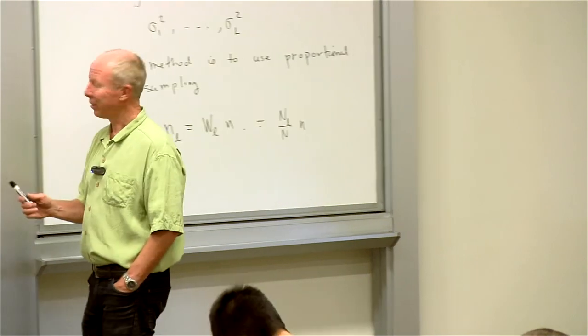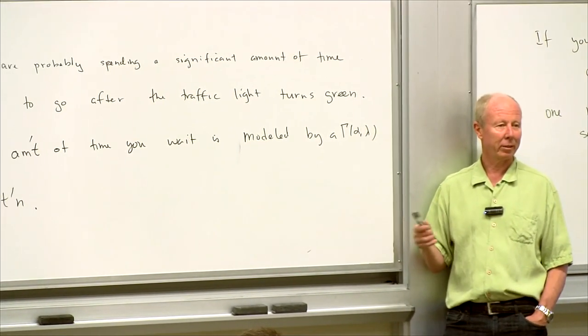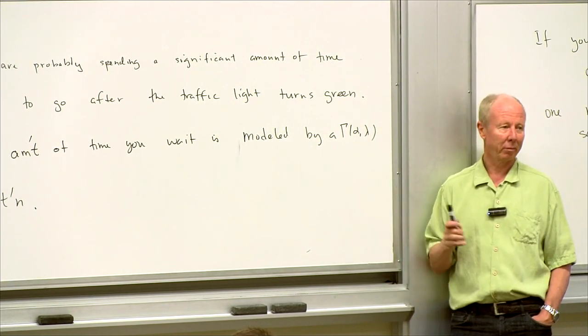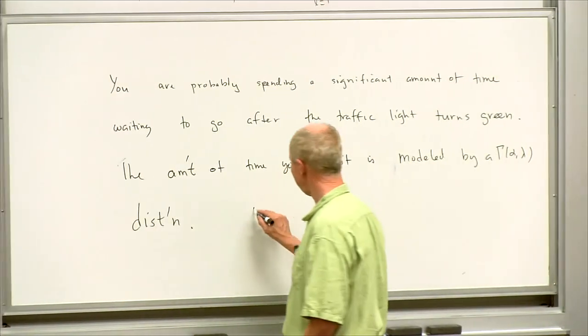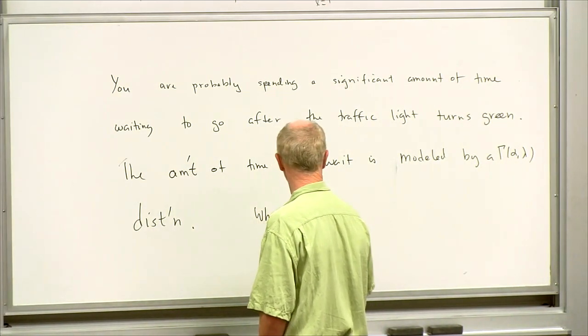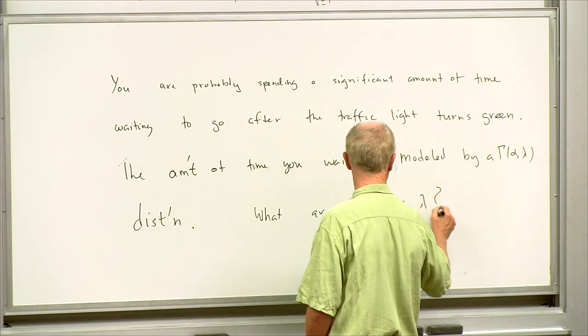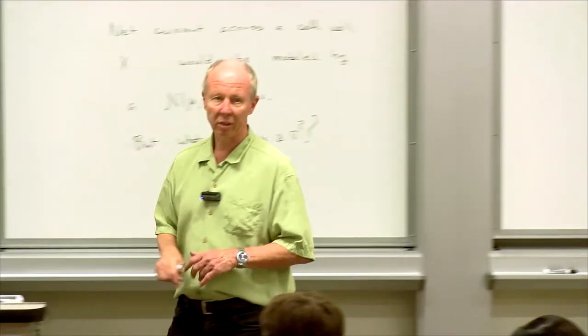So typically, the sum of independent exponential random variables is gamma. So this might be modeled by a gamma. But then the question is, what are alpha and lambda? Okay, so how could we estimate these things? We take samples.